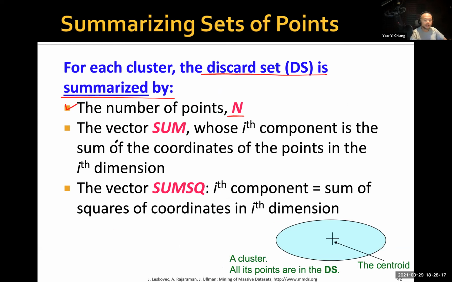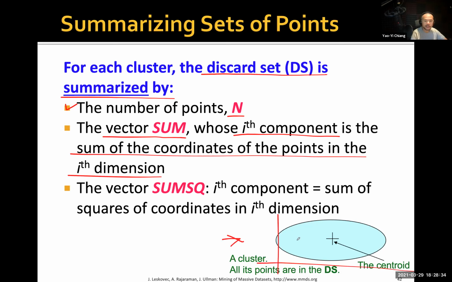We are going to have a vector sum. In the vector sum, the ith component is the sum of the coordinates of the points in the ith dimension. For example, let's say your data is 2-dimension, you have y and you have x, okay? And here you have a point, 1, 1. You have another point, 2, 2.